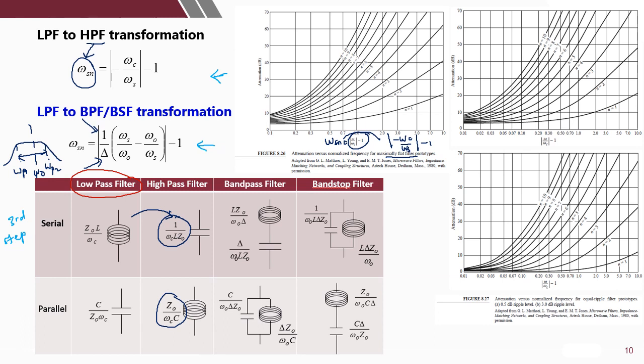For example, if you are required to design a band stop filter, proceed with the first step, find the n, then proceed with the second step to get the normalized circuit, and then transform the circuit from the second step into the final circuit by using the transformation table. If you have an inductor in series, then for the band stop filter, the inductor will be replaced by this structure, these components.